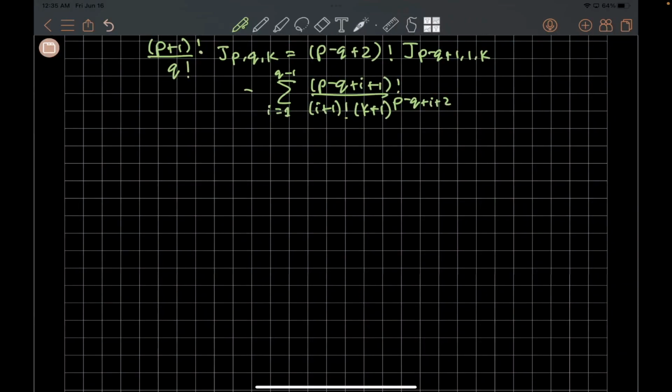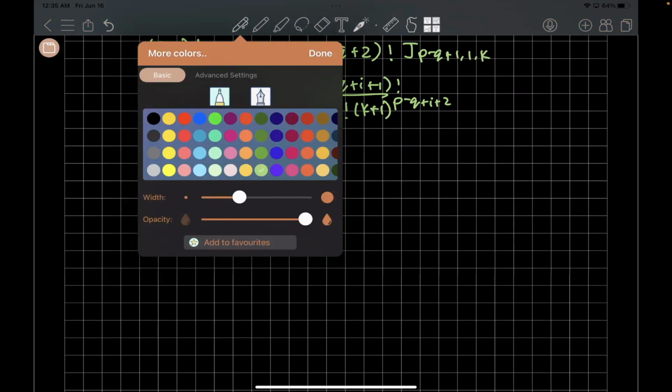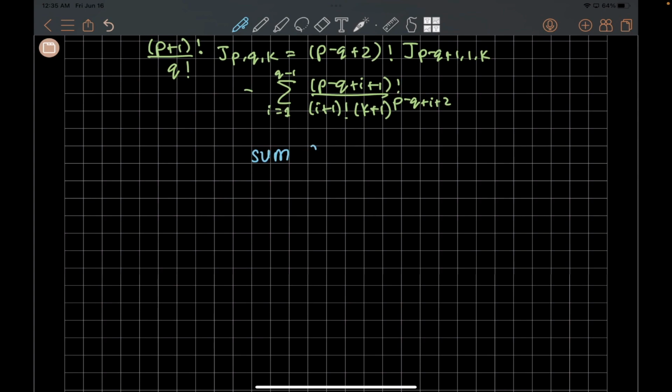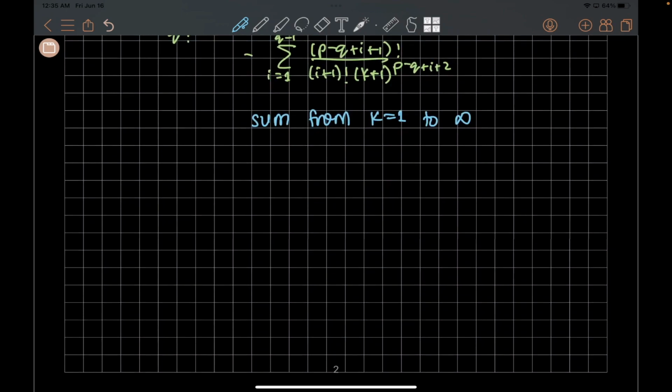Okay, so again, I'm going to change the color. So let's sum from 1 to infinity. p plus 1 factorial over q factorial I_{pq} equals (p minus q plus 2) factorial I_{p-q+1}.